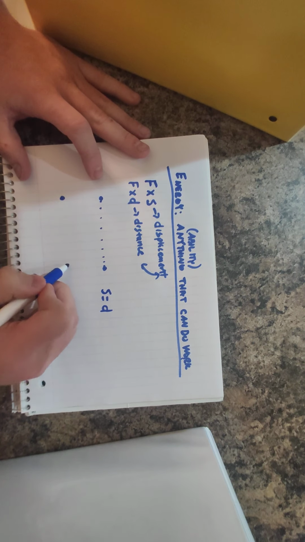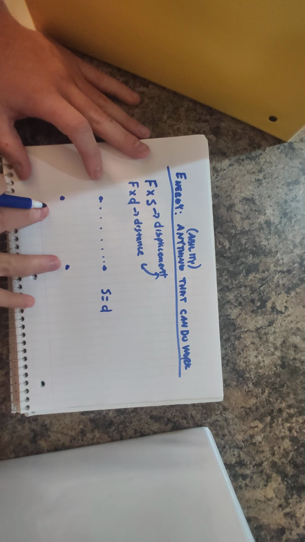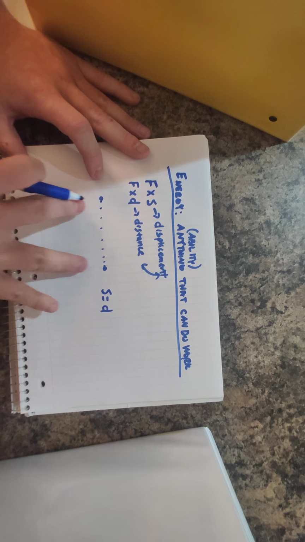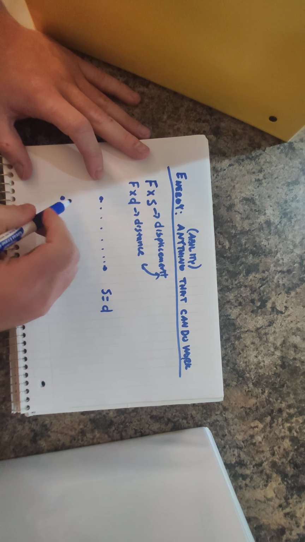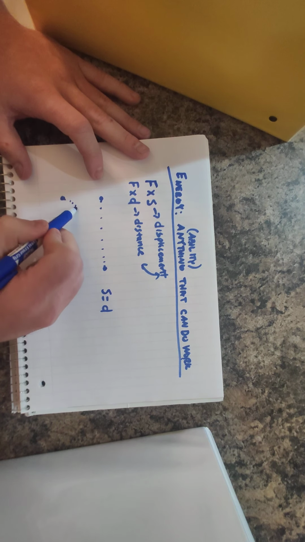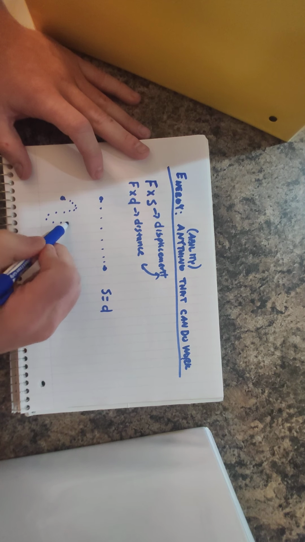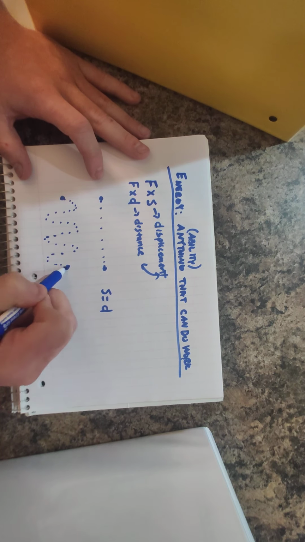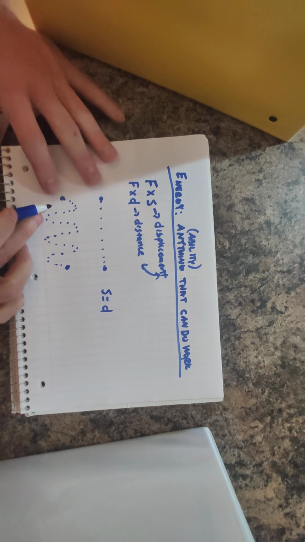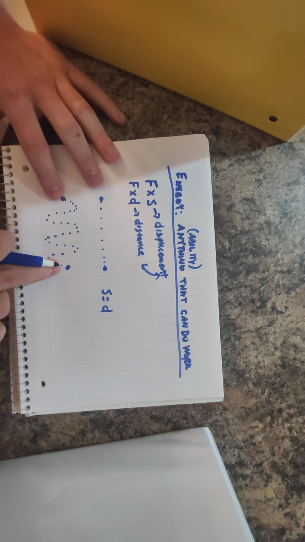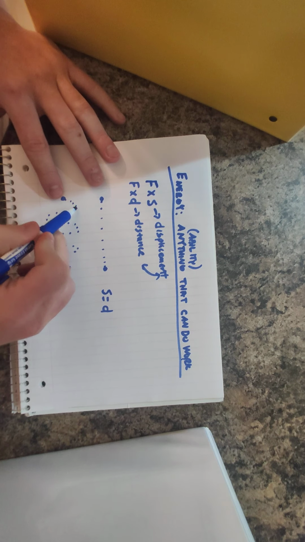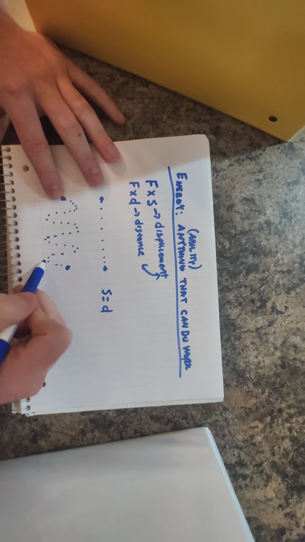However, let's put 2 more points down that are the same distance away. But I told you, well, now you're on a path that looks something like this. Now, while the distance between the 2 points is the same, the displacement of the path that you took is different.